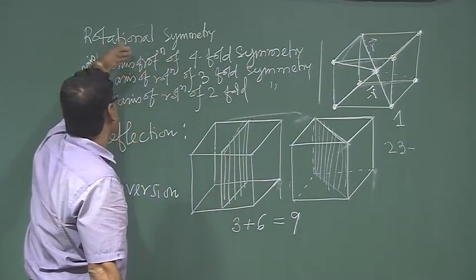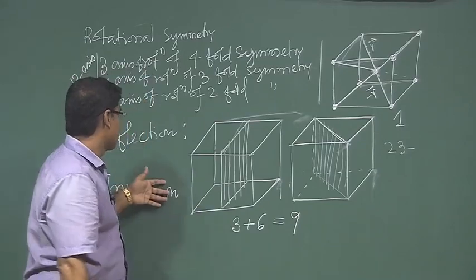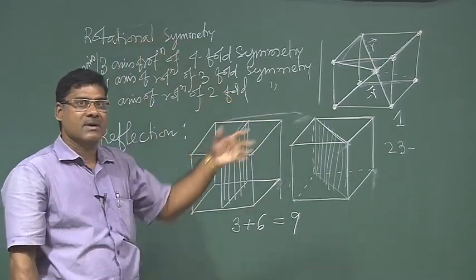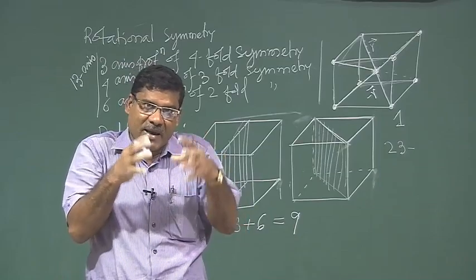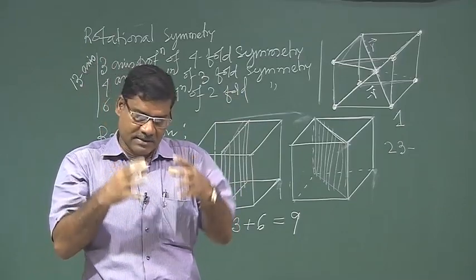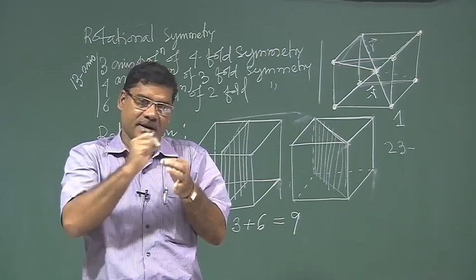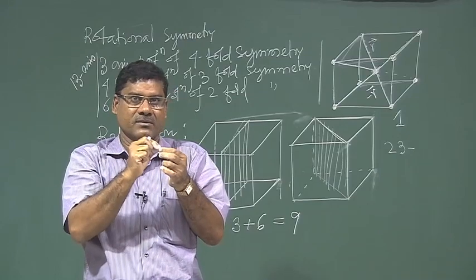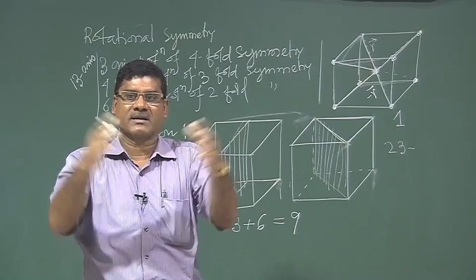All three that I have discussed, rotational, reflection and inversion symmetry, are with respect to a point, a plane and a line. In all cases you can see this crystal stays in one place in space, it is not going to another place. I am just rotating, or seeing this symmetry with respect to inversion, so it is not covering the space.